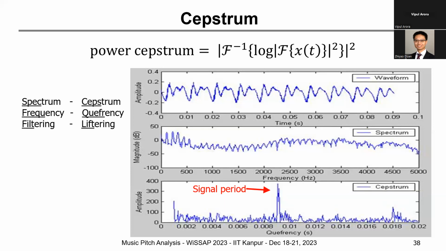If we go to the cepstrum domain, we will see a strong peak. This corresponds to the period of this spectral signal, the period in a sense of Hertz. So you can see this corresponds to 0.009 second, which is basically the period in the time domain, and it is 1 over the fundamental frequency in the spectral domain.